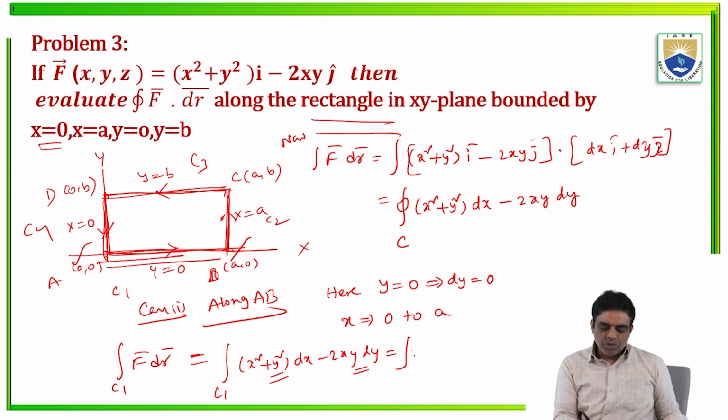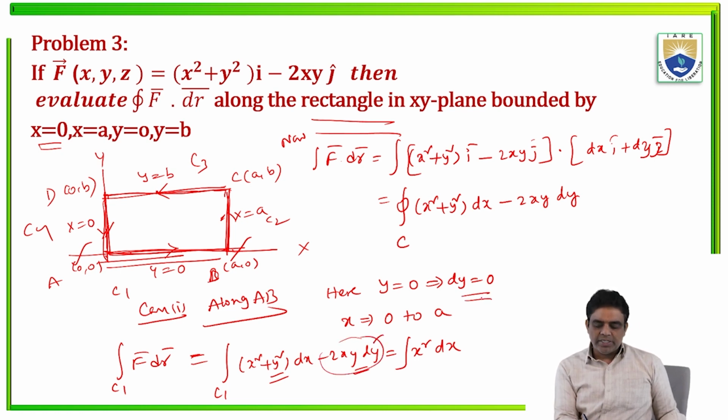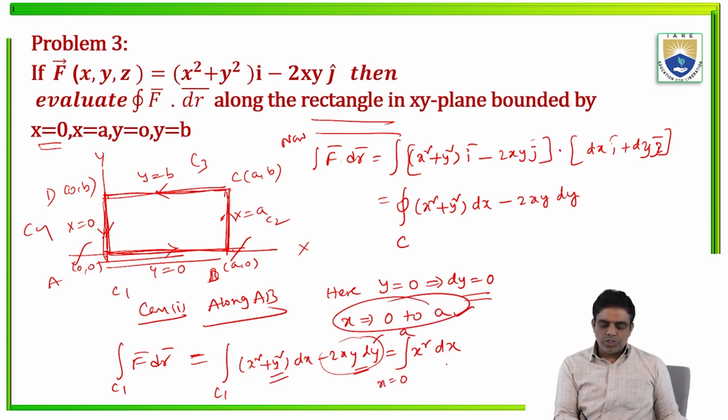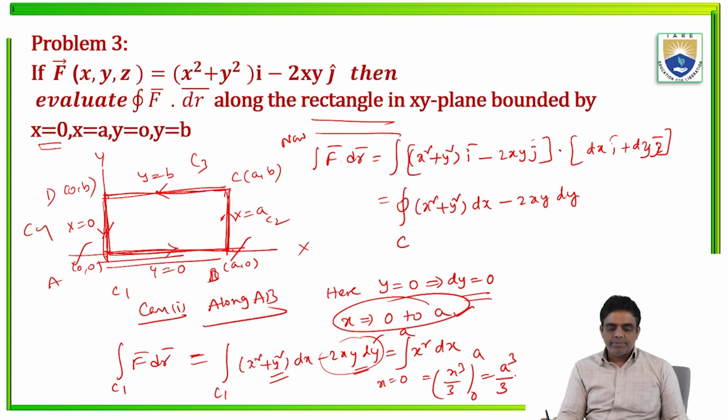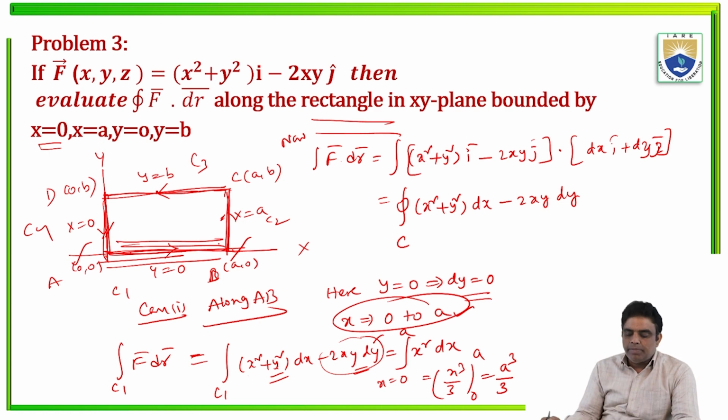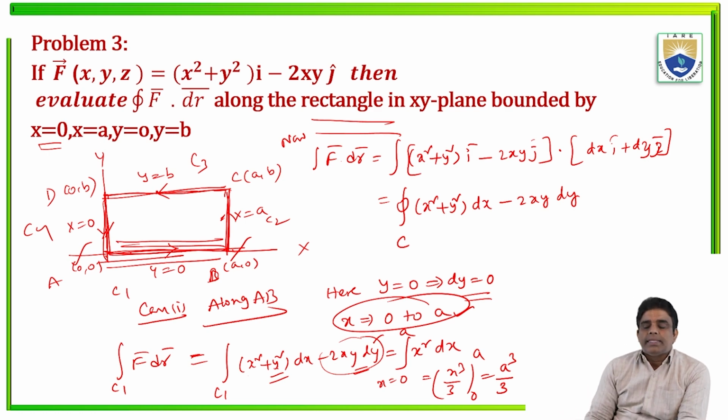Only x square dx remains. The limits of x are 0 to a, so the integral from 0 to a of x square dx is x cube by 3 between 0 and a, which is a cube by 3. That is the value along AB: a cube by 3.